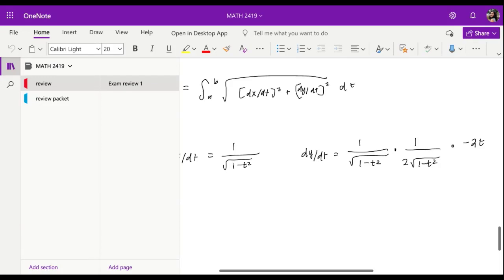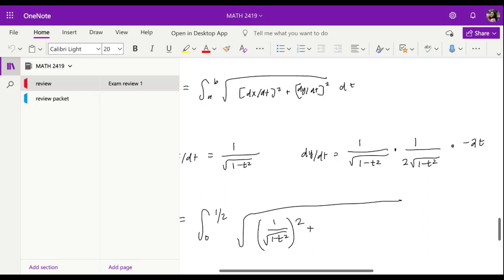So now we want to plug that into our equation for surface area. So we have S equals the integral from 0 to 1/2 of the square root of 1 over square root of 1 minus t squared, squared, and then plus... We can actually simplify this a little bit over here.